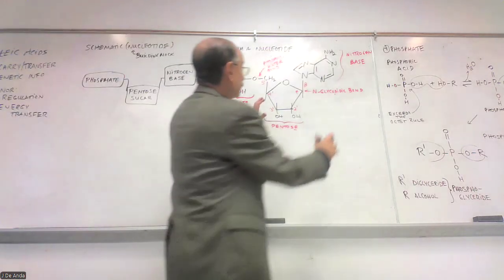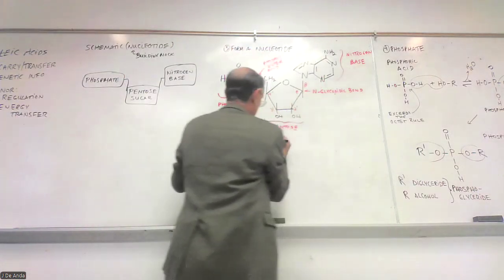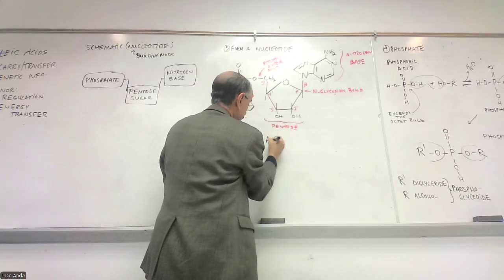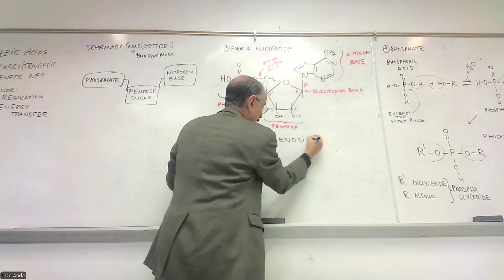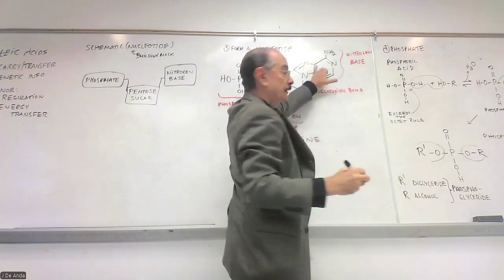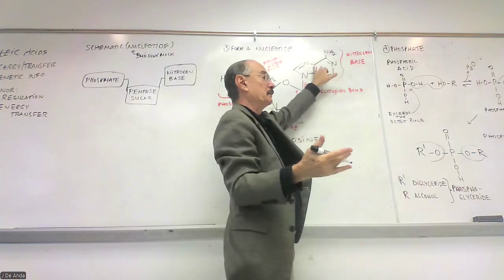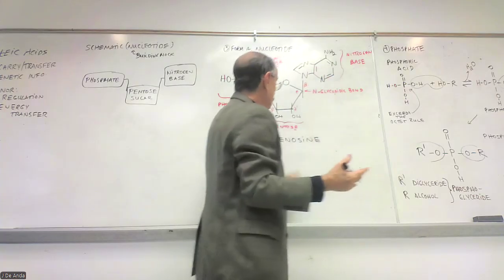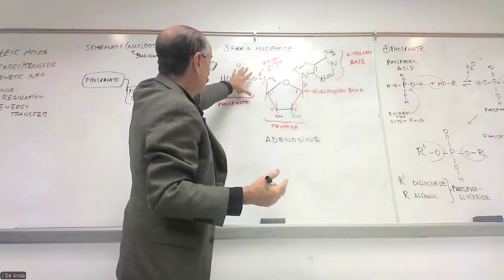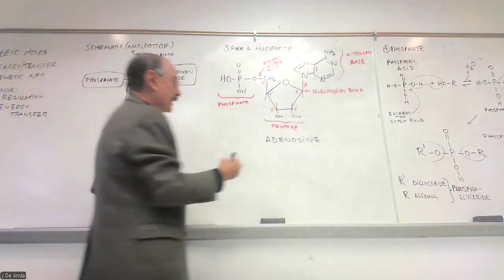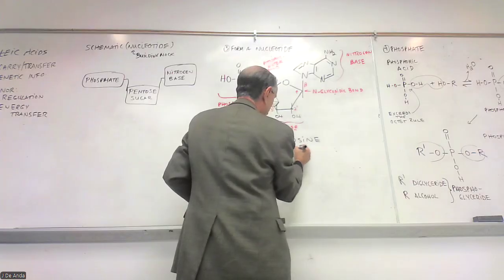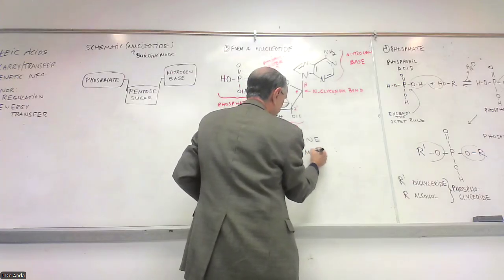So we built a nucleoside, which was called adenosine. Again, depending on what this was, it could have been uridine, it could have been cytidine, guanidine, one of those, right? But notice that now we added a phosphate group. So we're going to call this guy adenosine 5 prime monophosphate.